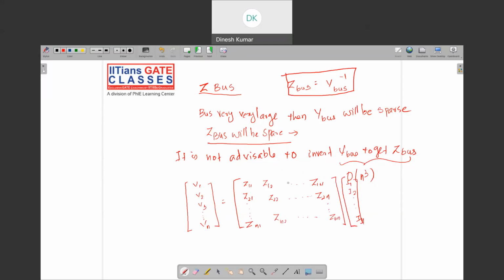Now, what is basically Z11? Z11 will be V1 by I1 with I2, I3, etc. up to In equal to 0. That means it is the driving point impedance, V1 by I1, when all other currents are open circuit.